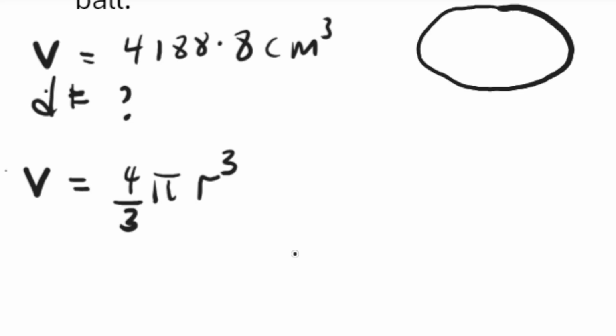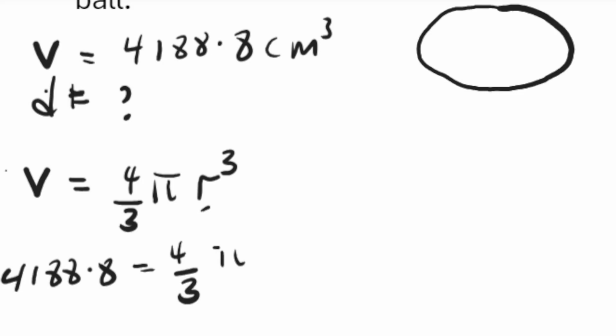We know our V, we know pi, we don't know our r. So we now have to look for r. Our V is 4188.8. If you know your formula, all you do is plug in the numbers that you have: 4 over 3 pi r cubed. You just do your algebra.